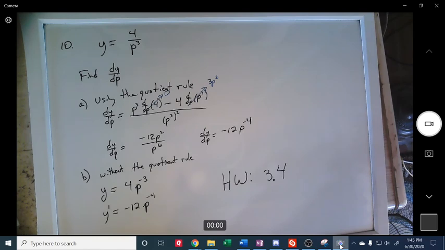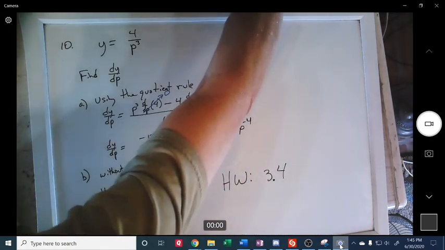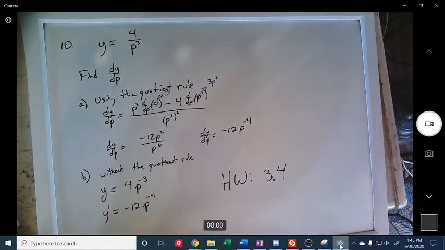I do have one question. Yes. How do you know when you can use it without the quotient rule? Repeat that again. I got a lot of disturbance. How do you know when you can use it without the quotient rule?